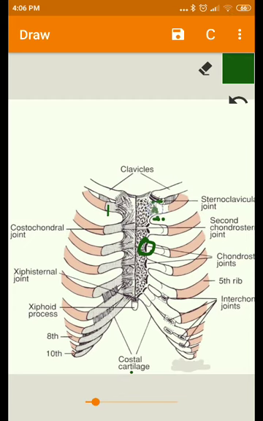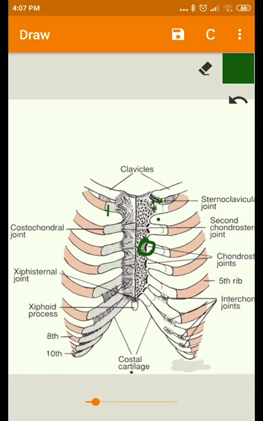This helps in the stability of the shoulder girdle and of the upper limb. So costochondral joints and the first chondrosternal joint do not permit any movement.